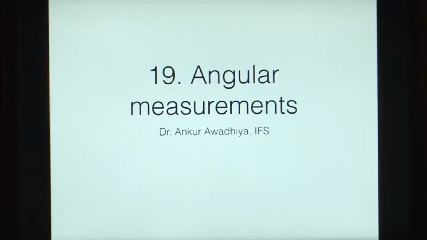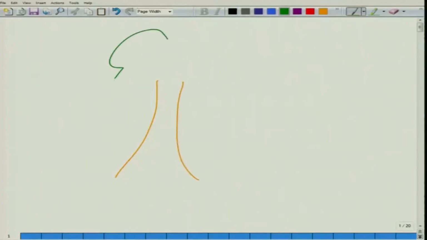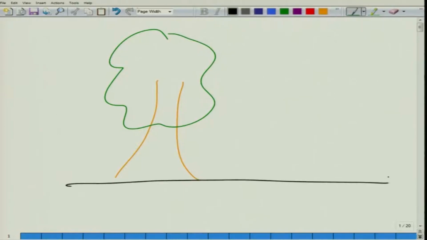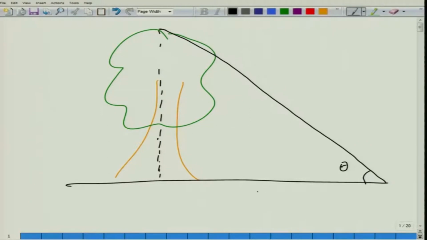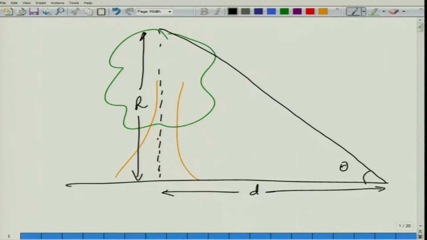So to recap, if this is our tree, this is the ground level, suppose you know this angle theta and suppose you know this distance d, then we can figure out the height h of the tree by using the trigonometric relation h by d is equal to tan theta.